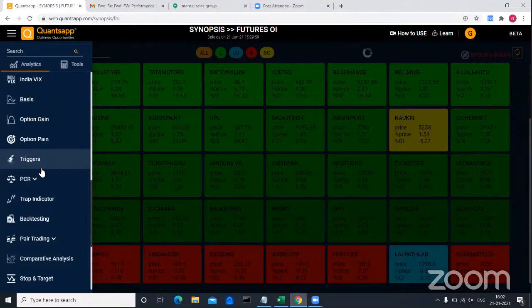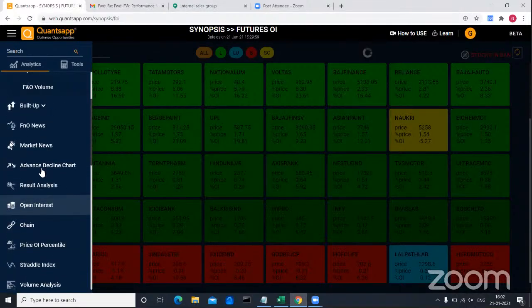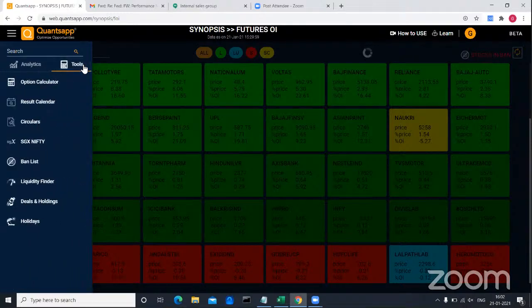So we want to see these three or four tools, and at the end, if we have sufficient time, we'll also look at the FNO news. We'll go one by one, and start with the result calendar first.